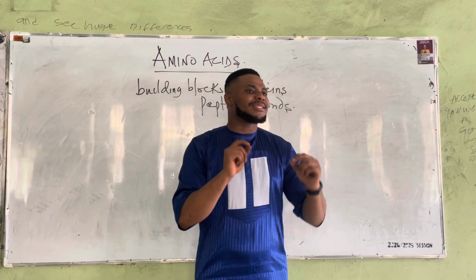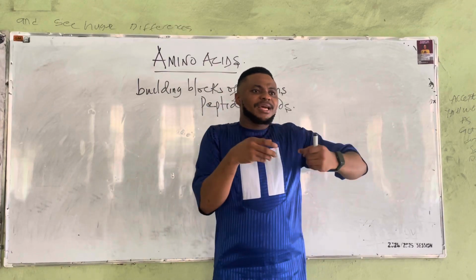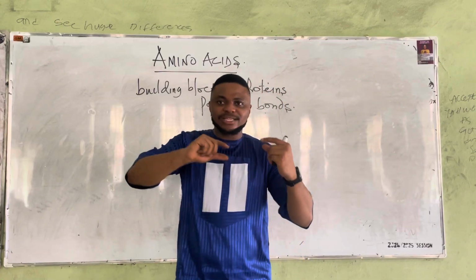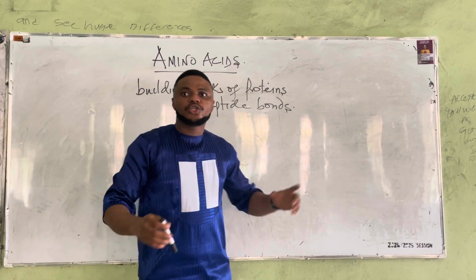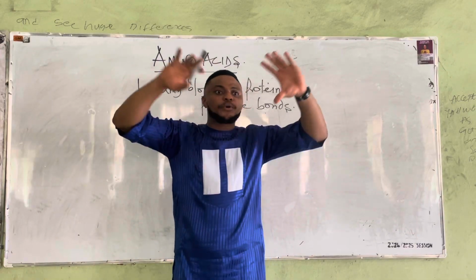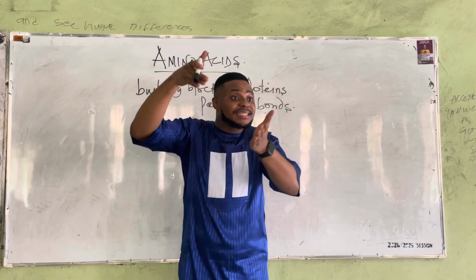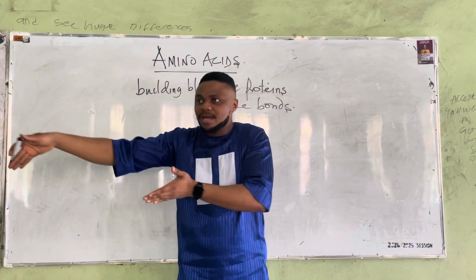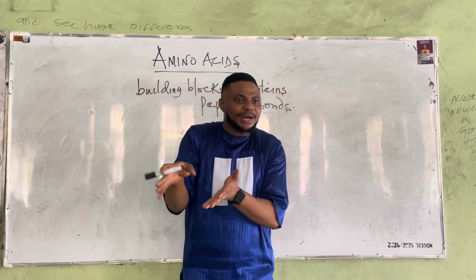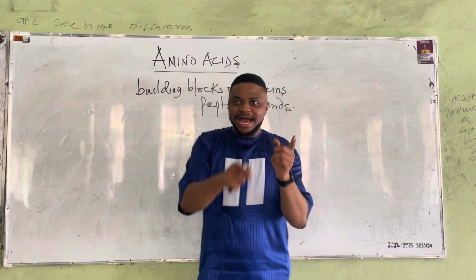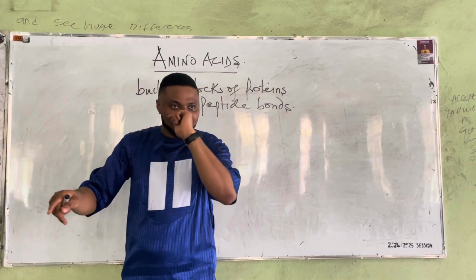What links each amino acid with another amino acid is called a peptide bond. So a protein molecule contains several amino acids, right? One amino acid links with another with one peptide bond, and another one links with another peptide bond, right?